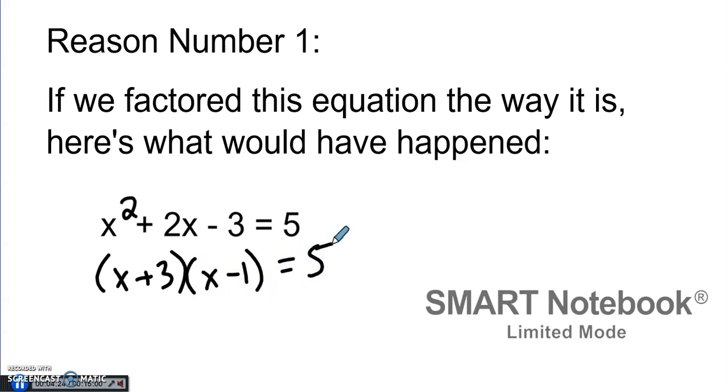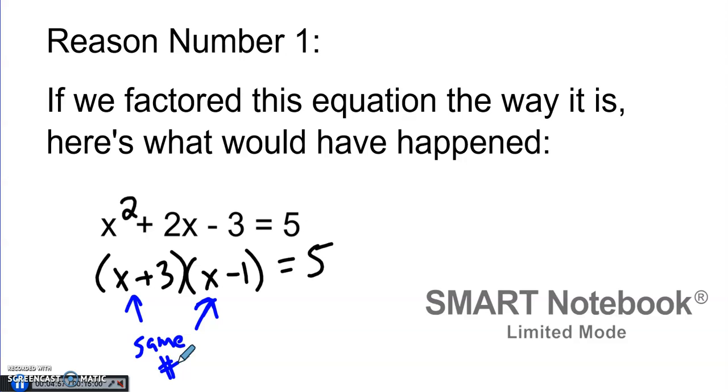And that's equal to 5. So now what this is telling us is we need to find values of x that when we plug in simultaneously right here and right here, this has to be the same number. So when we do that, we are trying to find values of x that when we plug it in, simplify down, and then multiply to 5.